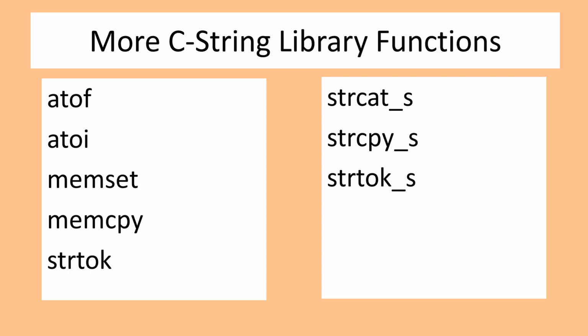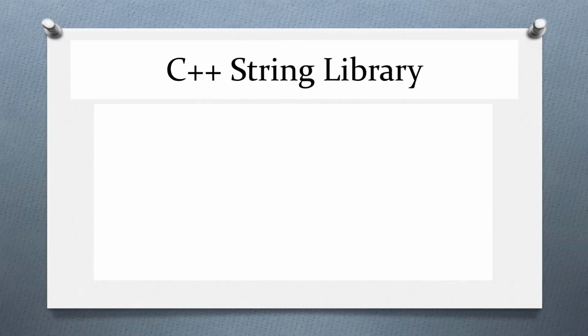And string token underscore S is to make it safe if you have multiple programs that are all using the exact same routine, in a multi-programming environment that is sharing library functions.